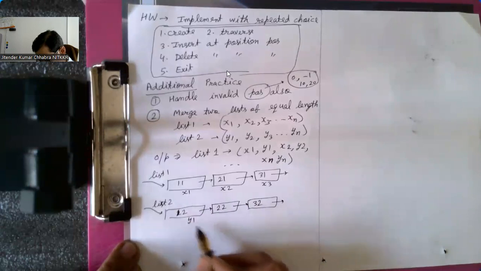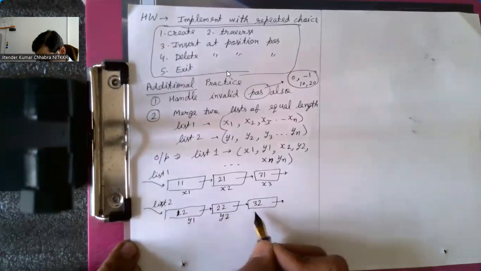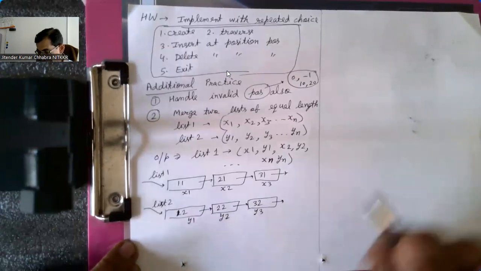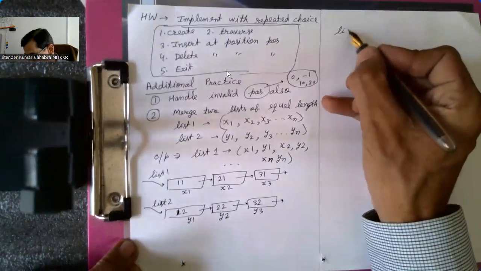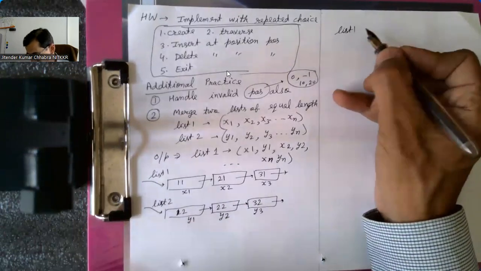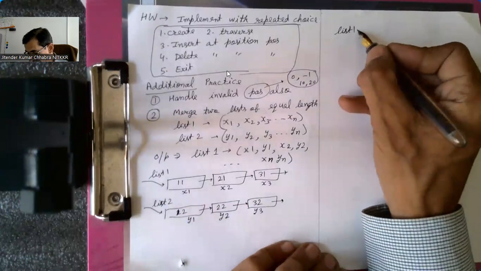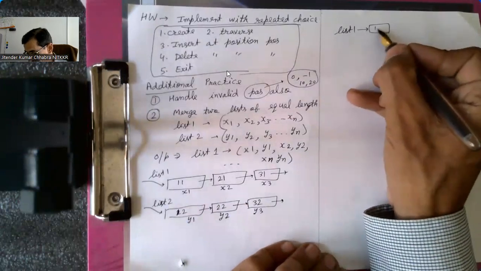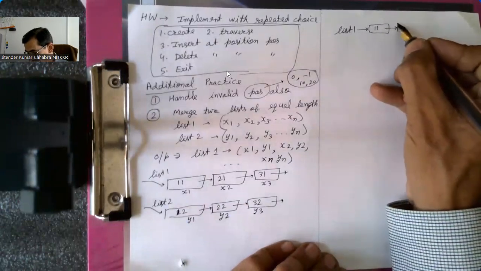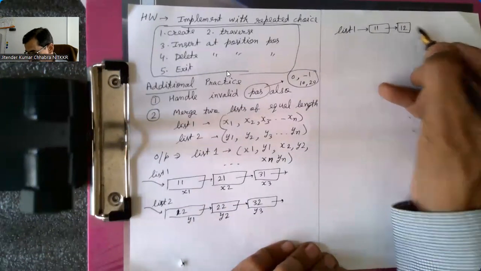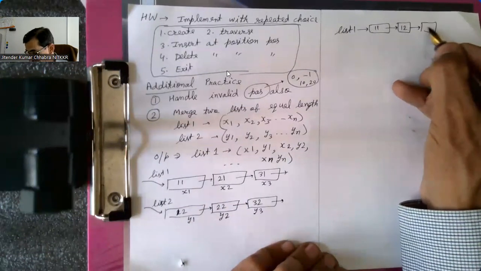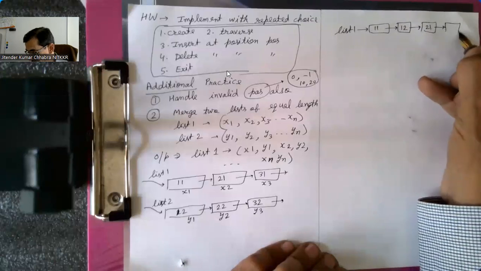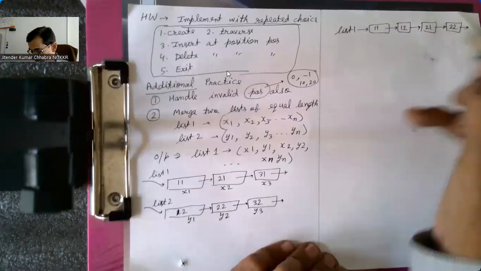So this is node y1, y2, y3. Then I want my output to become that list 1 gets correctly linked in a way that it has 11, followed by 12, followed by 21, followed by 22, and so on.